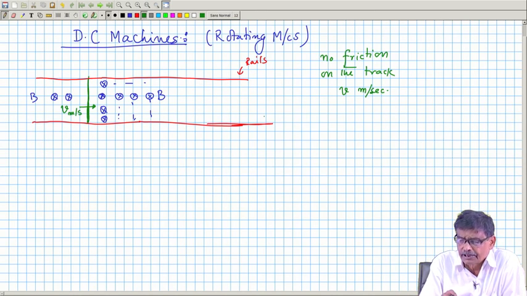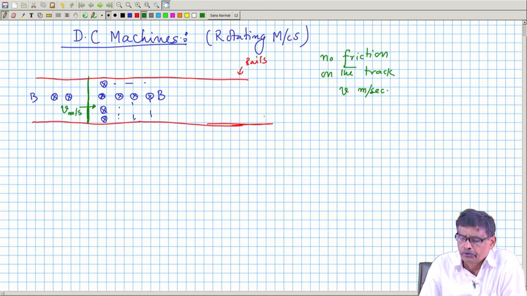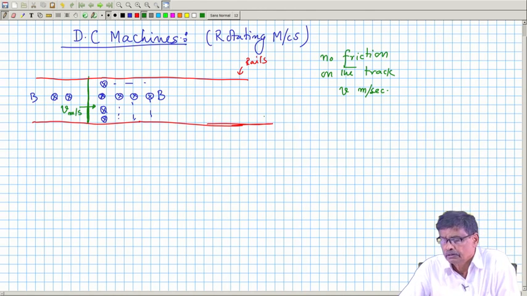Therefore, the external force acting on the conductor will be 0. That is what Newton told us. To move a thing in a frictionless environment at a constant velocity, you do not require any force.